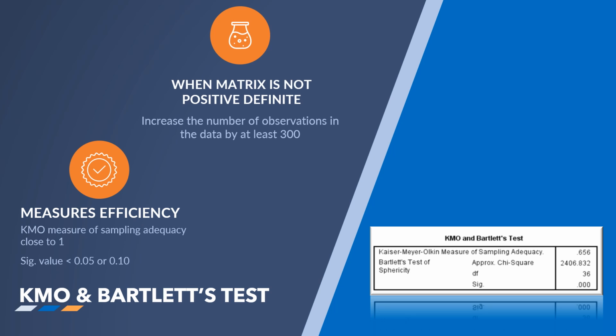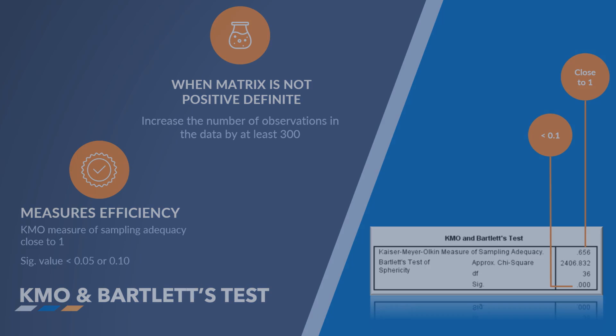If either of these criteria is not met, then you need to go back to your dataset, process it a little bit, and then rerun the test. In case of this table, the KMO measure is 0.656, which is close to 1, and the significance value is 0.000, which is considered a very good score.